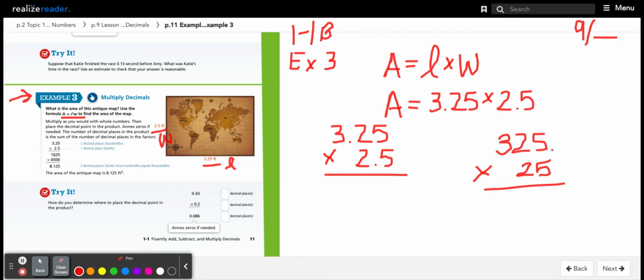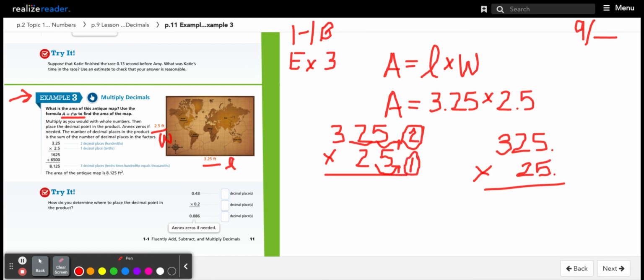We need to move the decimal so that it's at the end of the number. So in 3.25, I would move my decimal point once, twice to the right. So now I want you to write a 2 on the side and circle it. And now in 2.5, I have to move my decimal point once to the right. Write it in the circle, write it on the right, and circle it.